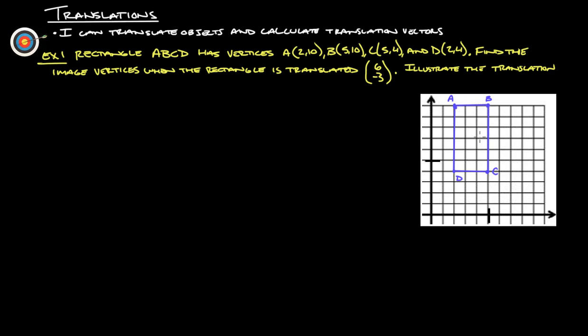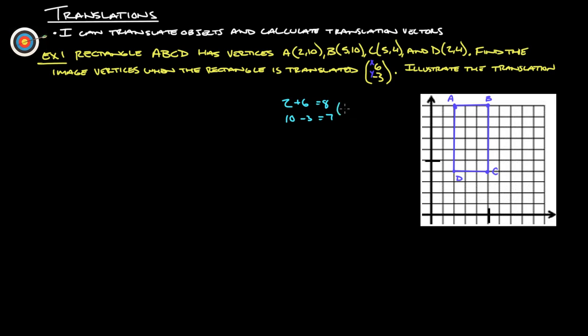Okay, and this whole thing is going to get translated 6, -3. So we know that the 6 here is the x, and the -3 here is the y, right? So let's do this. We've got 2, and then we're going to add the x part, so plus 6 is going to be our x coordinate. So that's going to give us 8, and then we're going to take the y, which is 10, and subtract 3 to get 7.